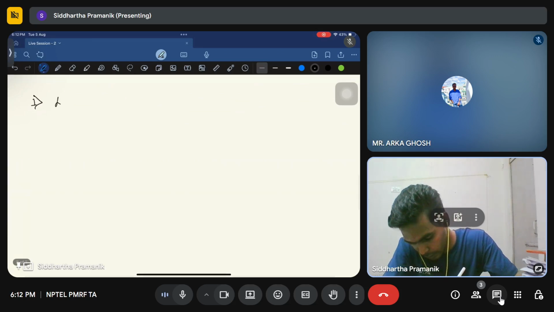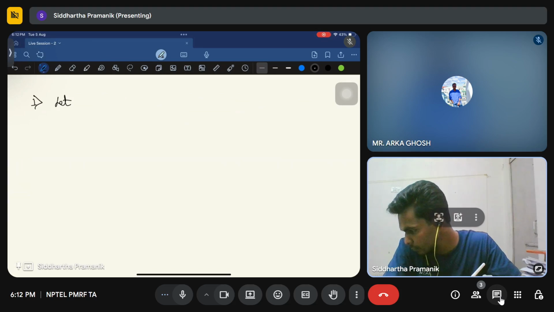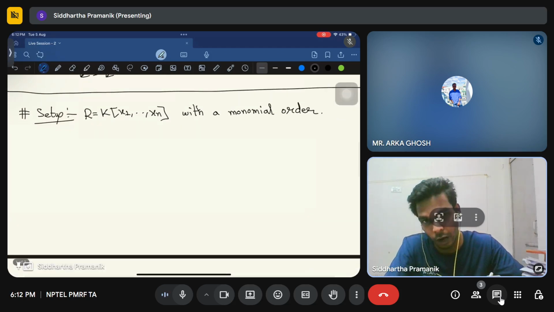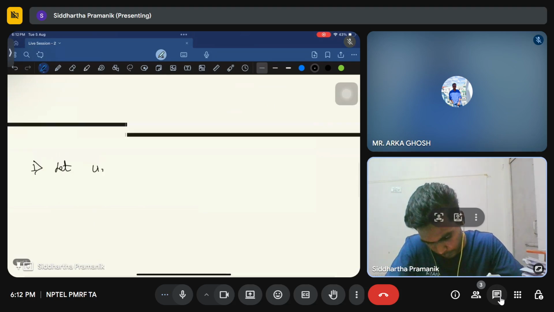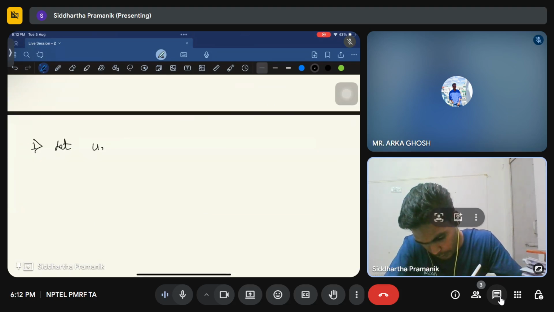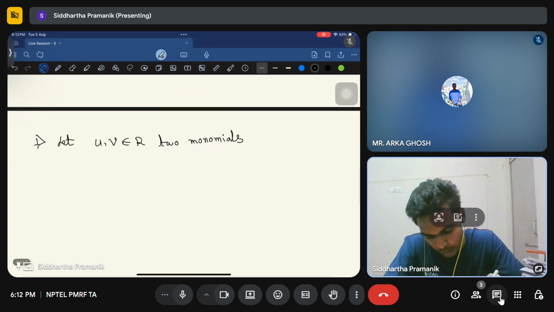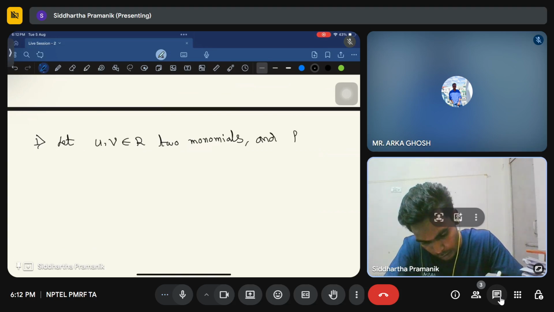Let R be the polynomial ring over the field K. Now let u and v belong to R, two monomials, and f and g belong to R, two polynomials.